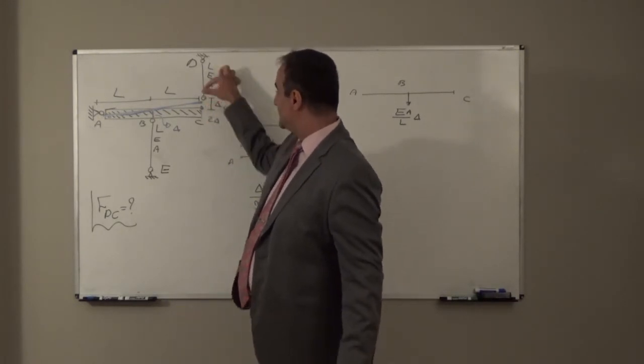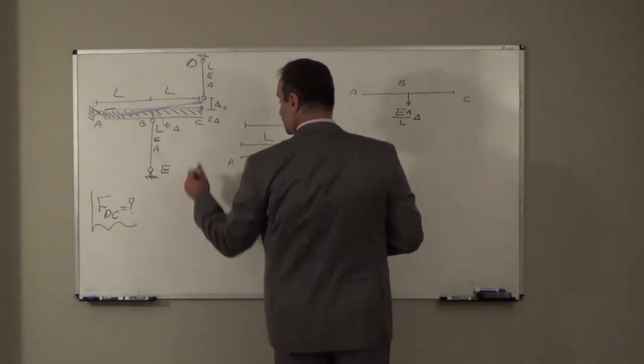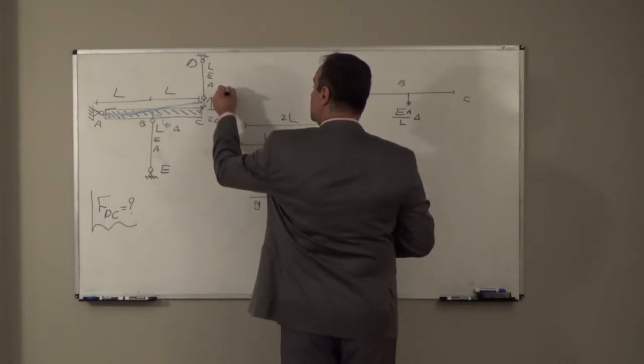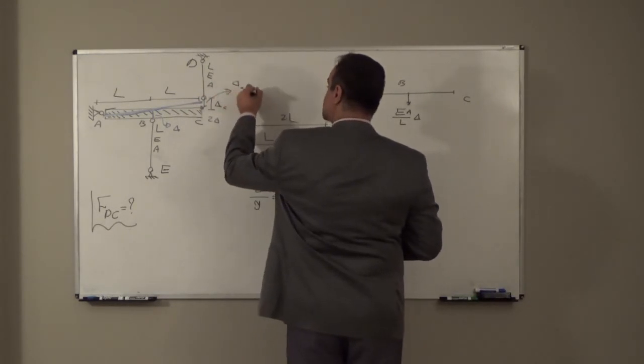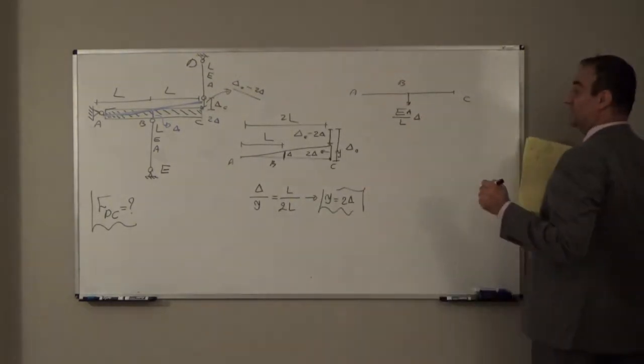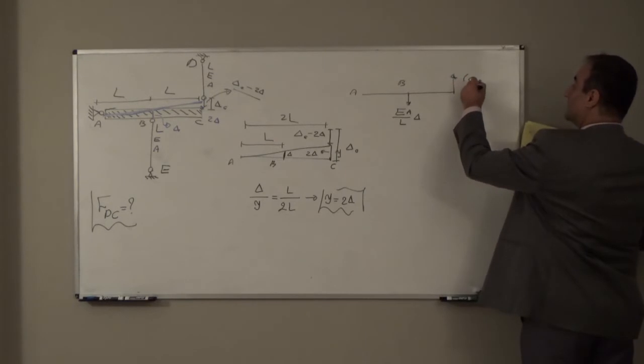But elongation in this member will be delta naught minus 2 delta.